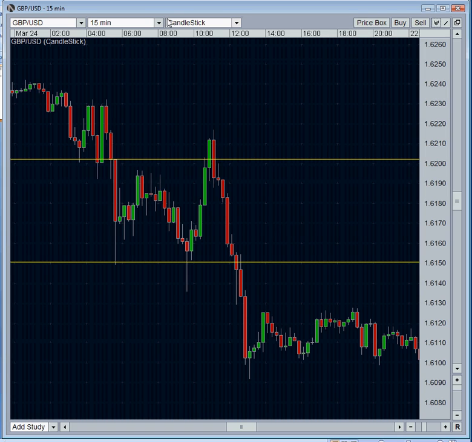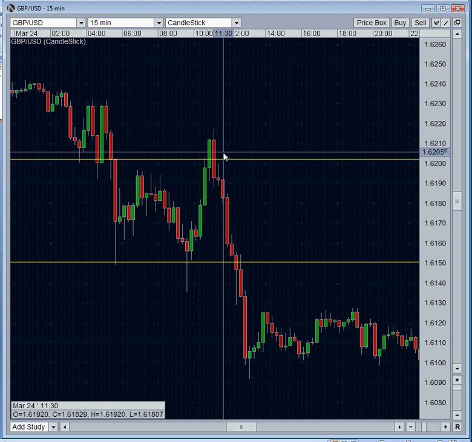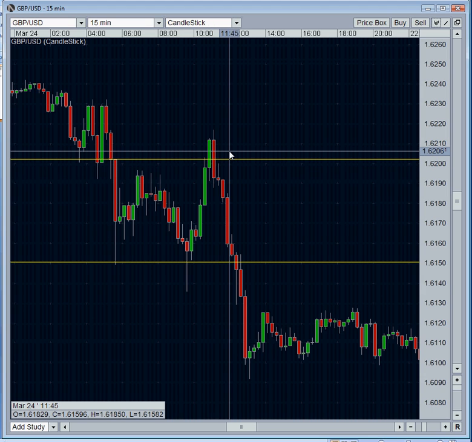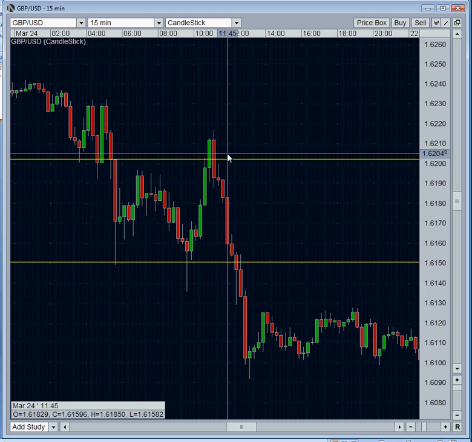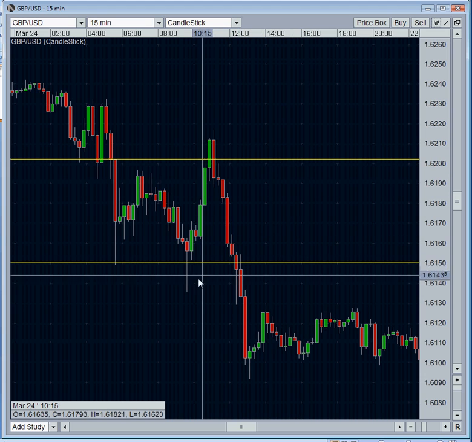Within that idea, I think you can understand the kernel of when you can possibly fade the move versus trade the move. To explain further, I've shown you here the pound dollar two days ago, and you can see that the 62 level actually acts as a point of resistance on the chart, and the 50 level acts as a point of support.